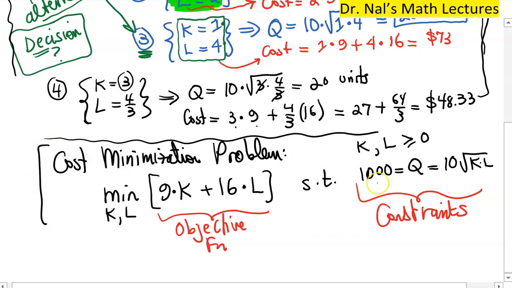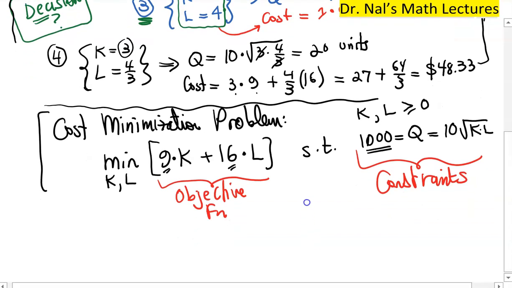So what I did is I applied it to this particular problem where we are told that we want to produce 1,000 units of output, where the rental rate of capital is $9, and the wage rate, the hourly rate of labor, is $16. So how do we do this? It's based on something called the Lagrangian.